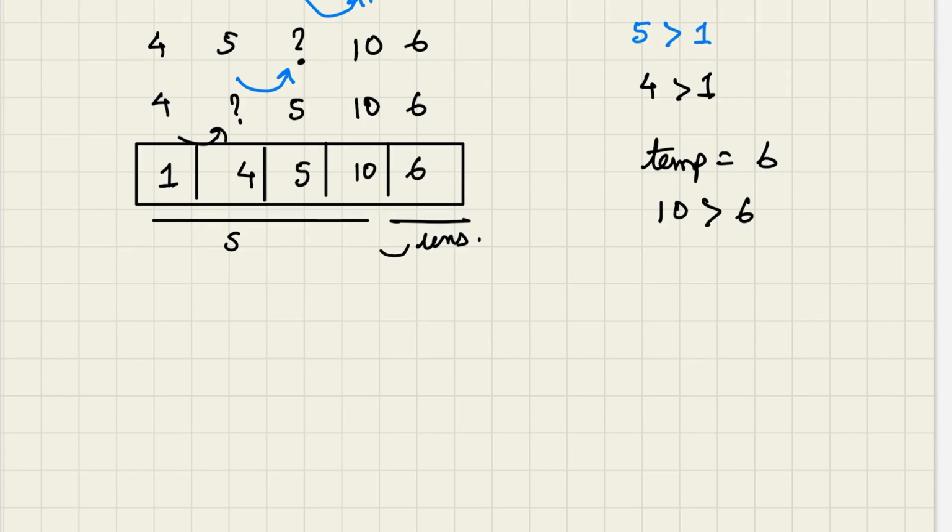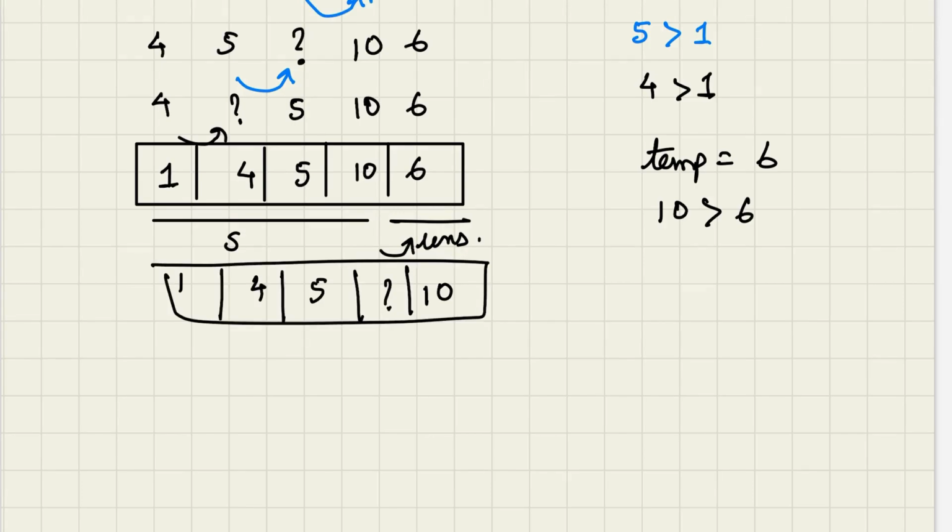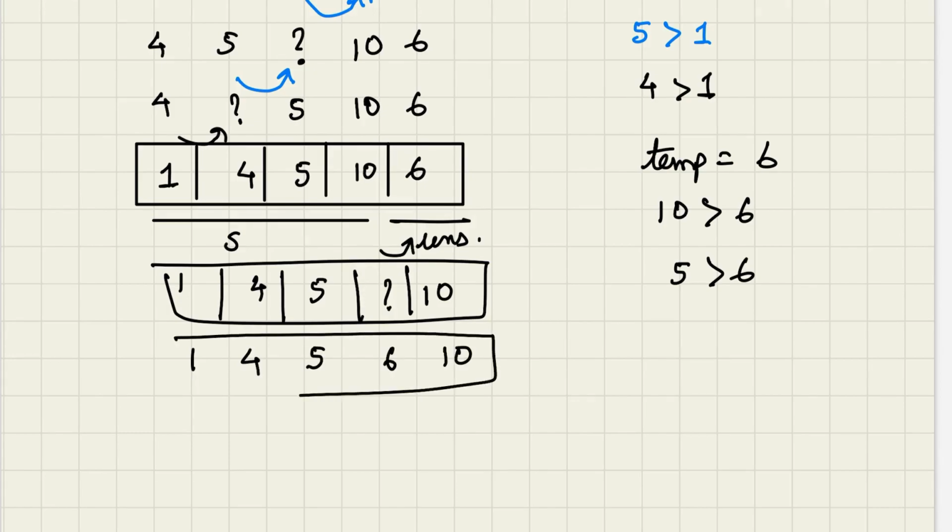So I will right shift my 10 here, and I will check the rest of the elements as well: whether 5 is greater than 6. That is false. So the right location where I need to put my 6 gives 1, 4, 5, 6 and 10. So this becomes my sorted sublist now.